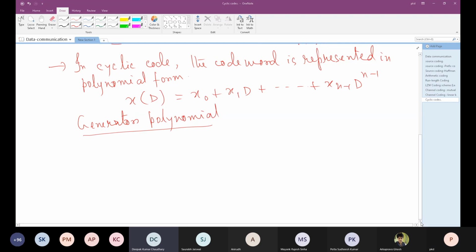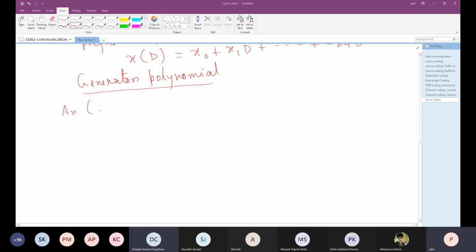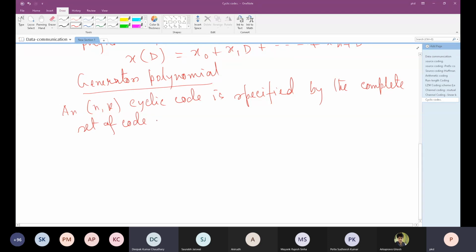The generator polynomial in an (n, k) cyclic code is specified by the complete set of code word polynomials of degree n minus 1.